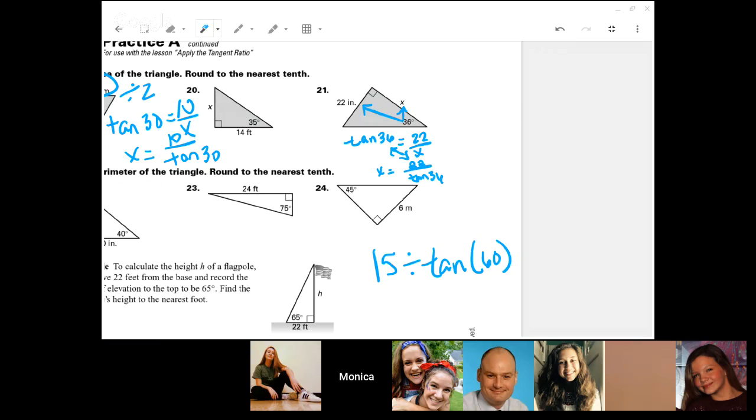Yeah, I think the answer key has 333.1. And the difference probably is rounding that x value first. If you round the value for x and then plug it into your formula, you're going to be off by a couple of decimal places, but that's okay. So you did it right.